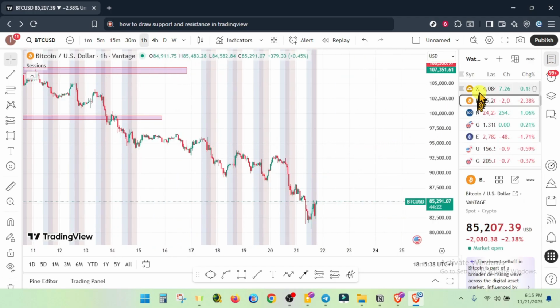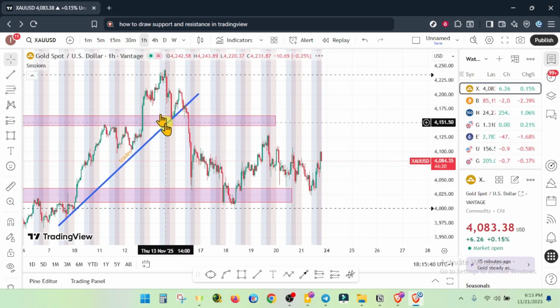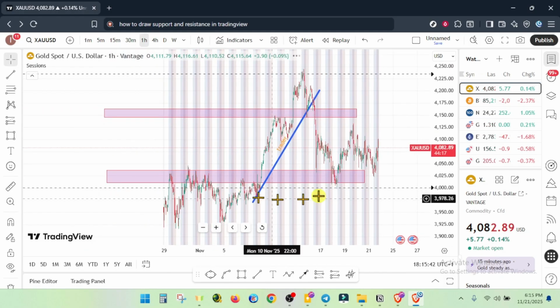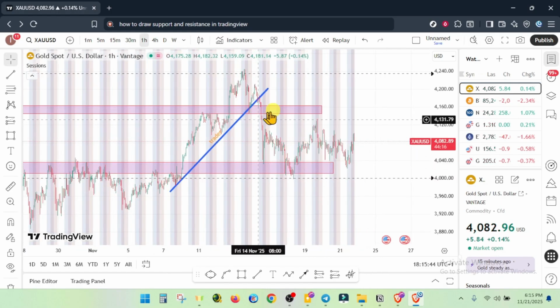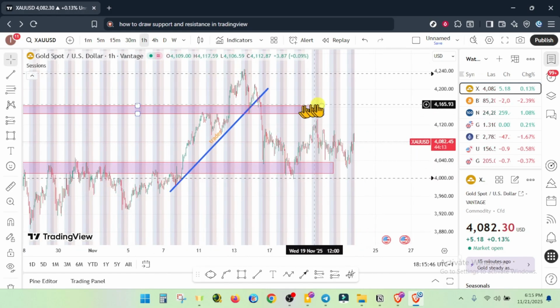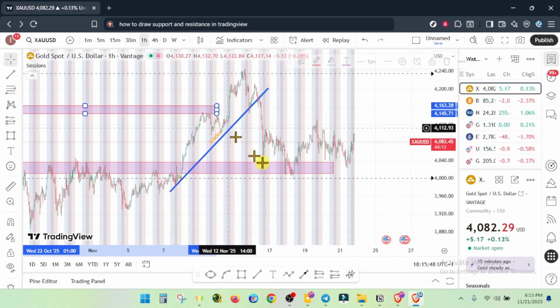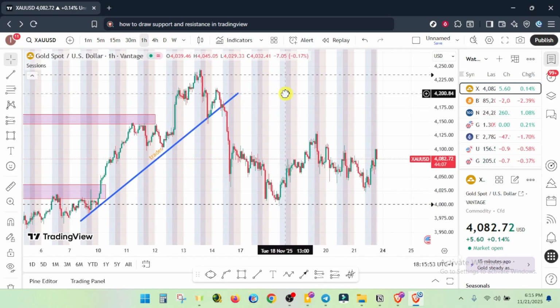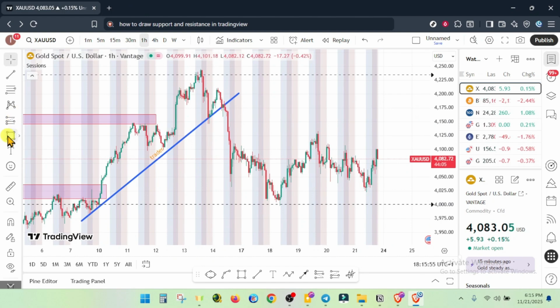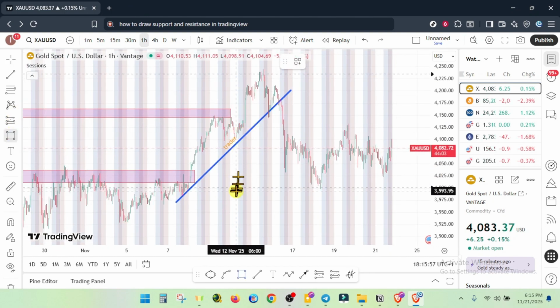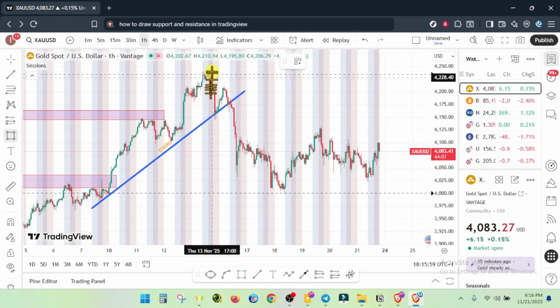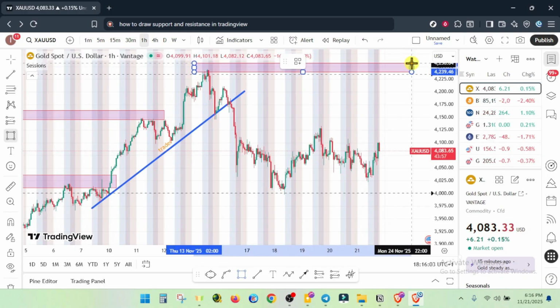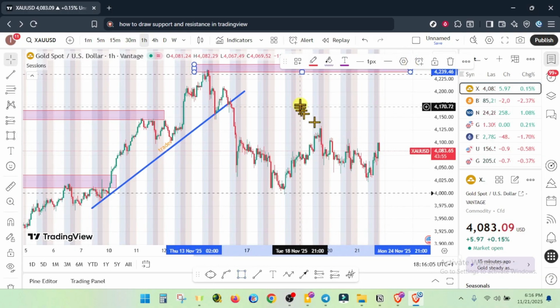And also same as XAUUSD, if you want to draw the line, you just find the highest high. For example, assuming this is not here, you want to draw it from the last week, you can just go to your rectangle, you draw here because this is the highest high. But as you can see, price didn't come back there again.